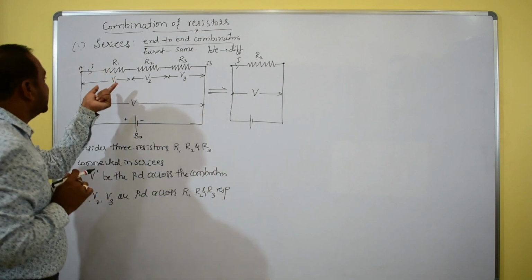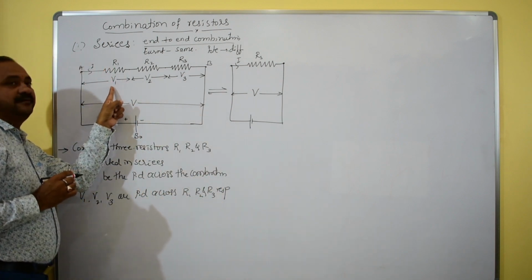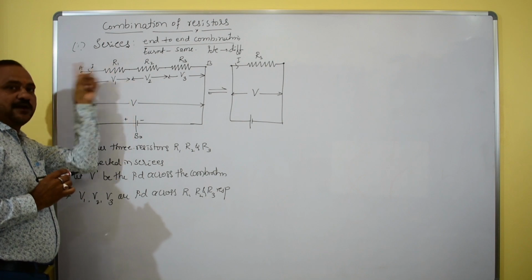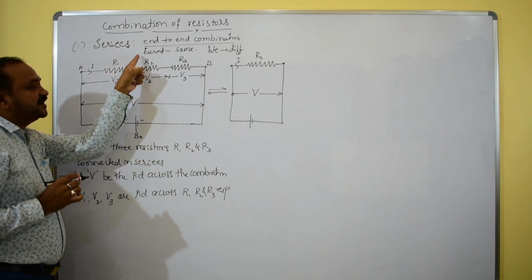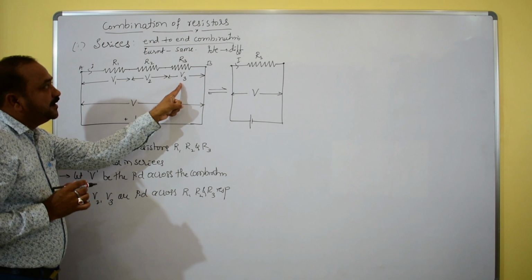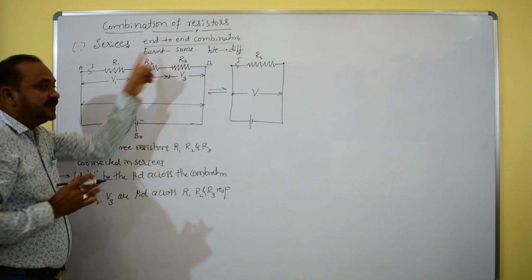Now see, V1 is the potential difference across R1, V2 across R2, V3 across R3.